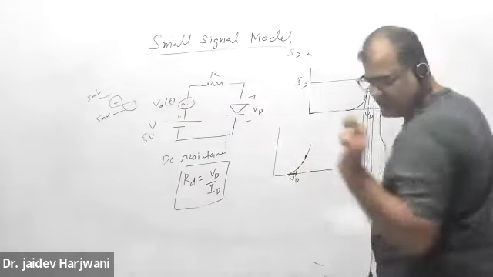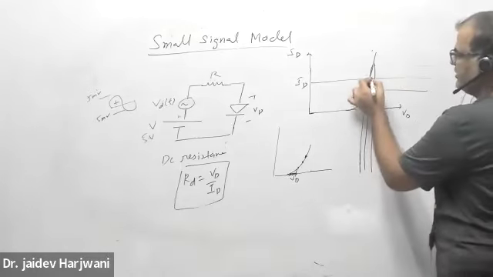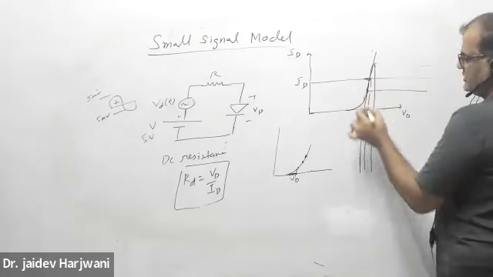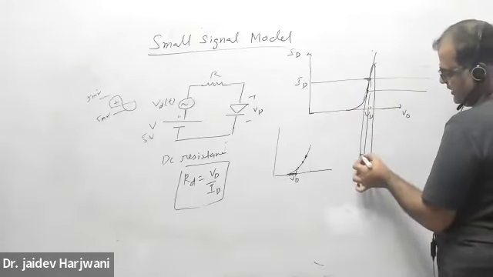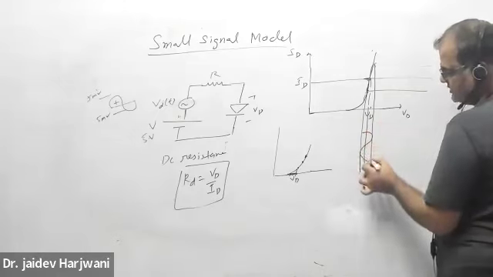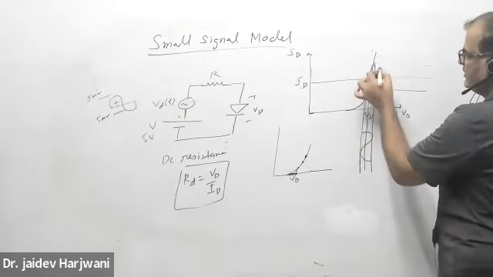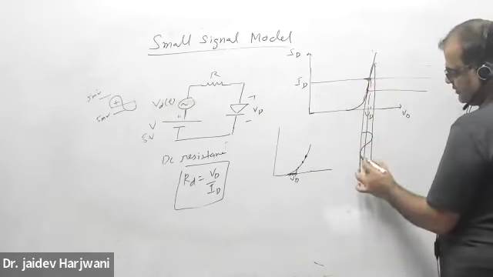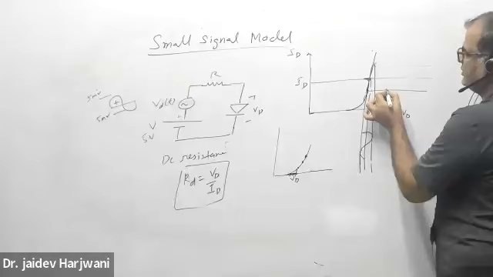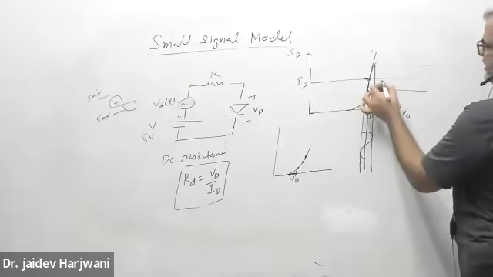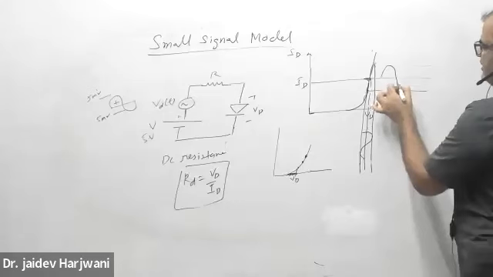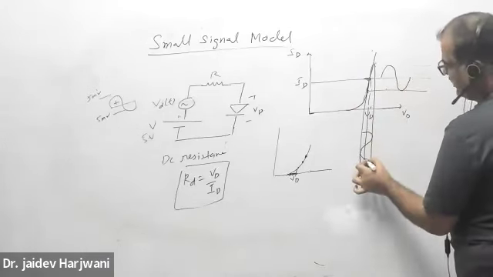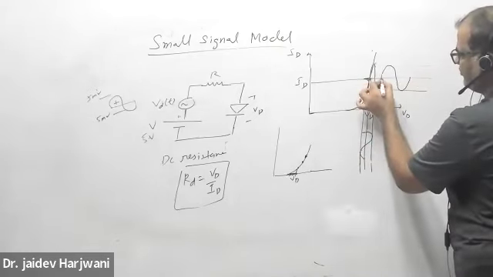But you're applying very small magnitude, so this current will change. When you apply a small AC at this point, the current will become here. When it is zero, current remains zero, and if you increase the voltage, current goes up like this. You have to see when this point is here.